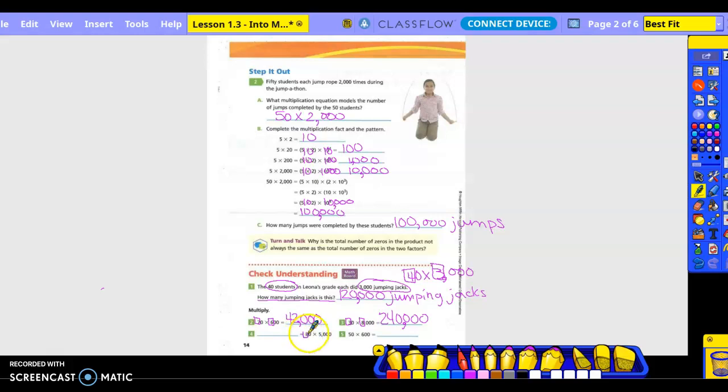Put my 8 in a box. Put my 5 in a box. 8 times 5 is 40. And add 4 zeros. Now, do I have more zeros than what is shown in the original problem? Yes, but it's because 8 times 5 is 40, which has a 0.